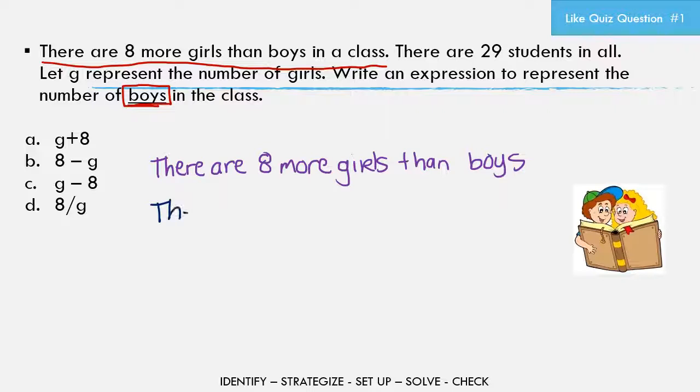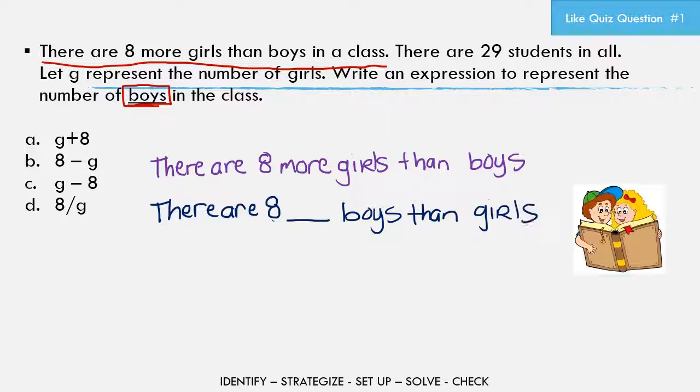What if I said there are 8 blank boys than girls? If there are 8 more girls than boys, if we switch it around, there are 8 less boys than girls. It changes it a little bit.